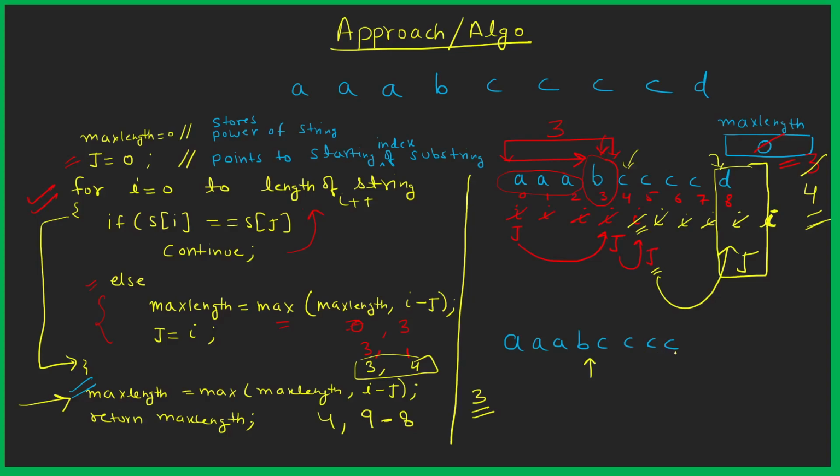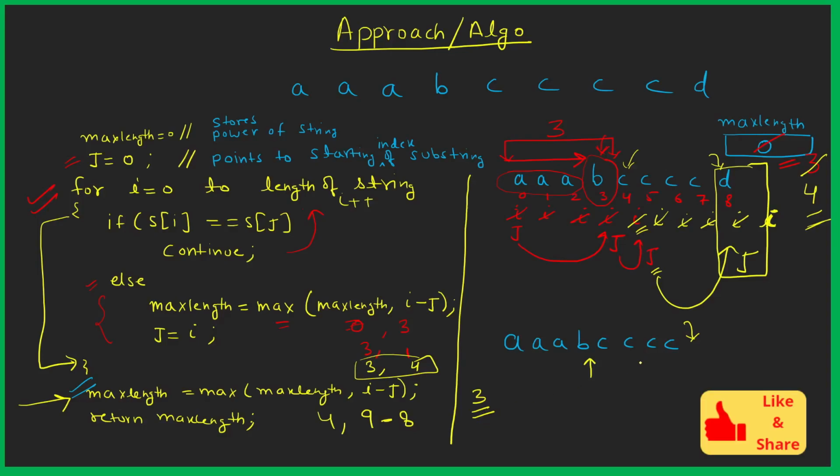Here 3, here 3. And when we reach the ending point, if we do not check the maximum length outside the for loop, then we return maximum length as 3. That's why we have to check this maximum length once again after the end of the for loop. Otherwise, in this case, the answer will be 3, but the correct answer is 4.